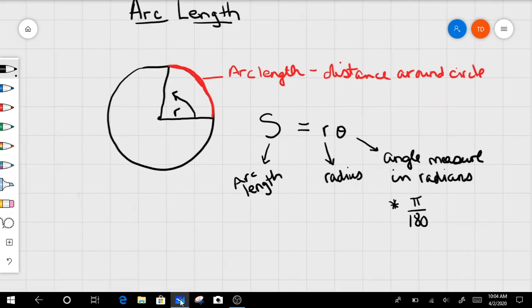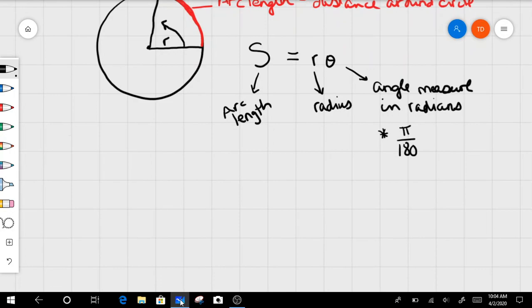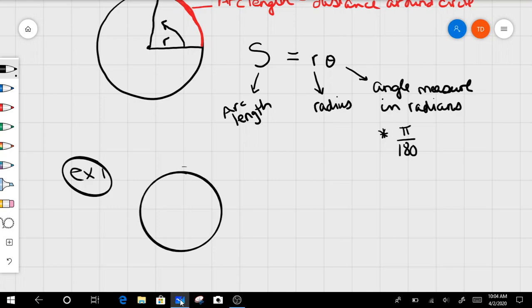So let's try a couple of examples. If I have a circle with radius of 5, and I tell you that the arc length, S, is 17.